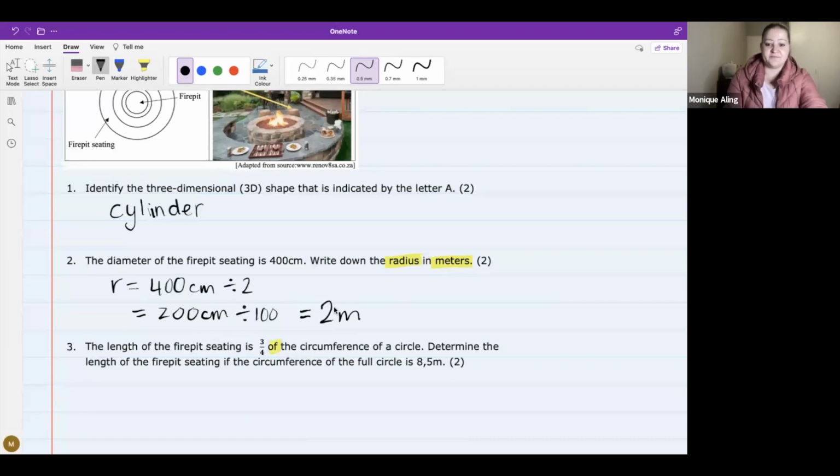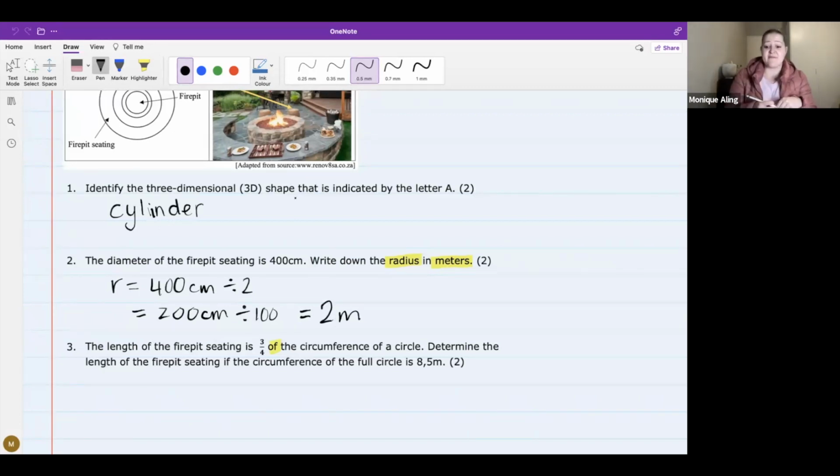Nice. Anyone else got the answer? So the length of the seating is 3/4 of the circumference. So we want to work out the length.